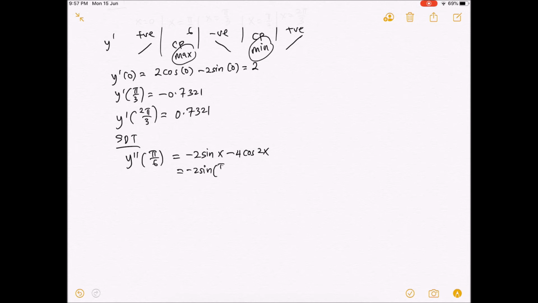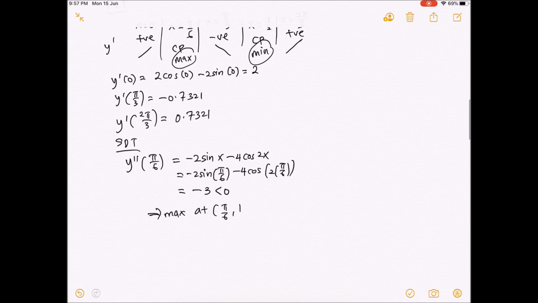So at pi over 6, negative 2 sine pi over 6 minus 4 cos of 2 times pi over 6, I have here equals negative 3, which is less than 0. So we have a maximum at pi over 6, 1.5.